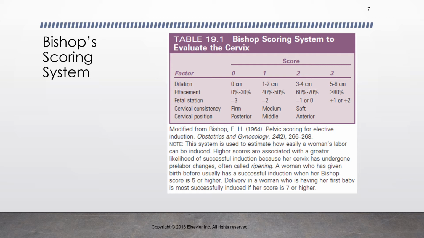Effacement, how thin or thick her cervix is. The fetal station: remember, 0 station is when the presenting part, or the head hopefully, is at the level of the ischial spine. Above that is a minus. So at -3, that head is way up. It's not engaged. Part of the dilation and effacement of the cervix happens because the baby's head is pressing down on it as well.